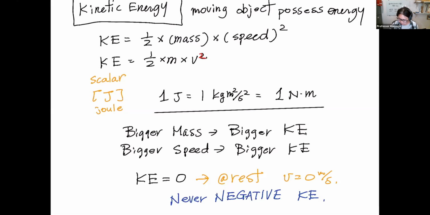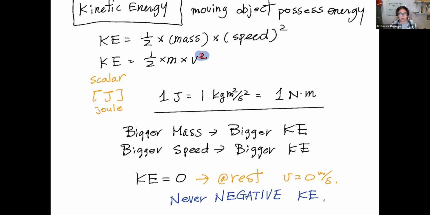That's squared, right? Mass cannot be negative. Velocity can be negative, but it's squared. A square can never be negative, unless it's an imaginary number.